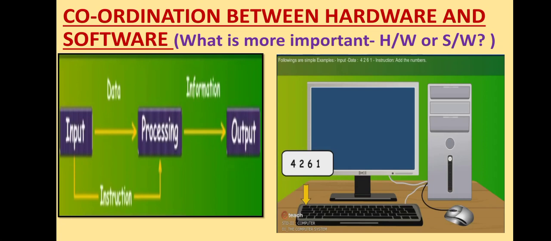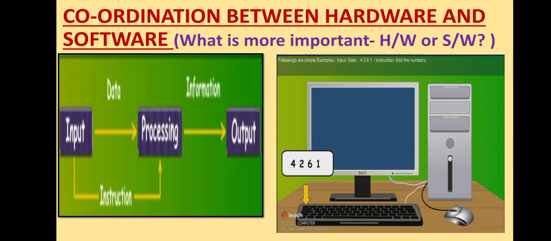When input goes in the computer, some instructions are given. Based on those instructions, input will be processed, and after the processing is complete, the output of the process will be given back to the user.